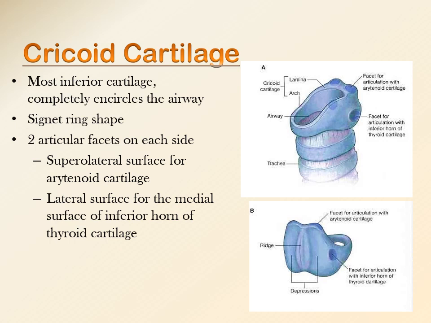It has 2 articular facets يتصل من الأعلى قلنا ويا الثايرويد cartilage وكذلك ويا arytenoid cartilage. Has 2 facets for arytenoid cartilage. Laterally it has 2 facets for inferior horn of thyroid cartilage.